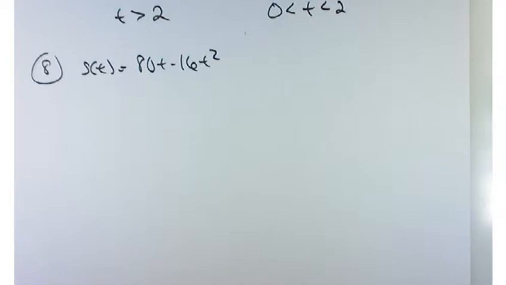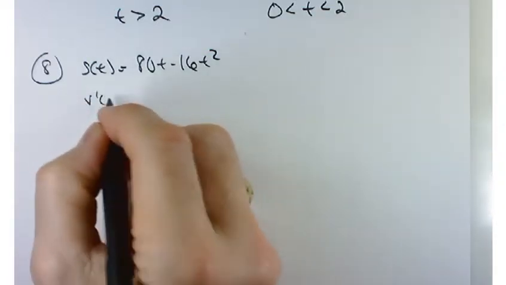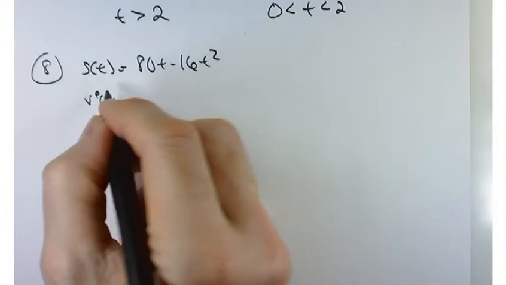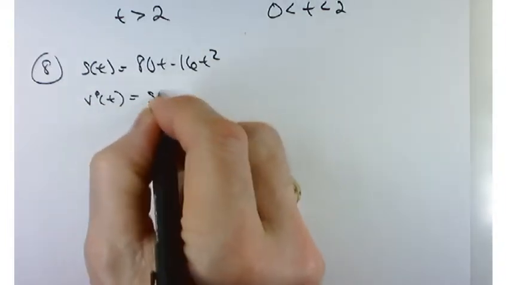What's going to happen to velocity at that highest point? 0. Because for an instant, it's just going to pause. So the question is, where is that? What value of t? Well, first we're going to find the derivative, or not v prime of t, just v of t. V of t is going to equal s prime of t.